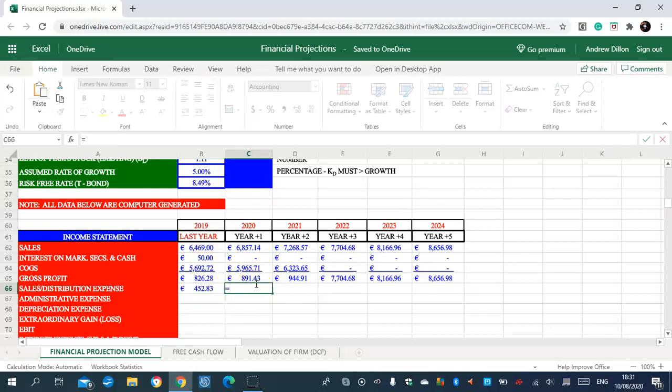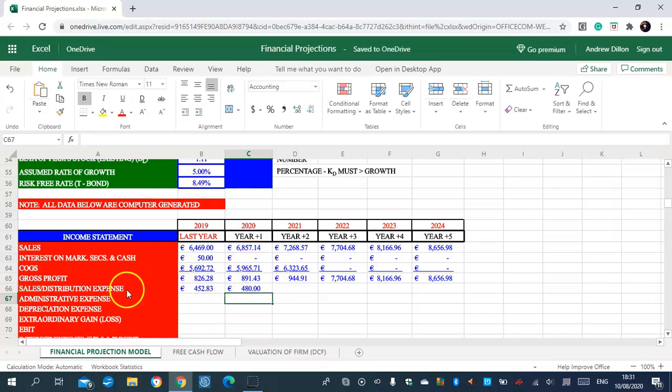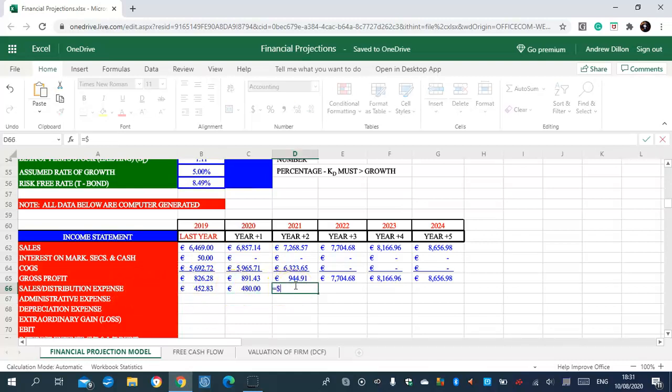Next one is equals $ sign C7 multiplied by C62. Then the other one is equals $ sign C7 multiplied by D62.